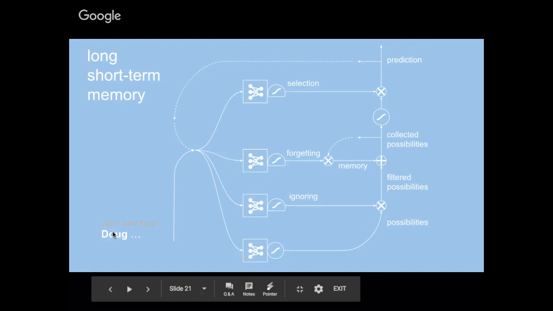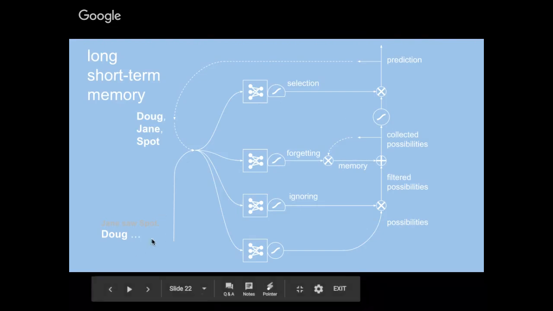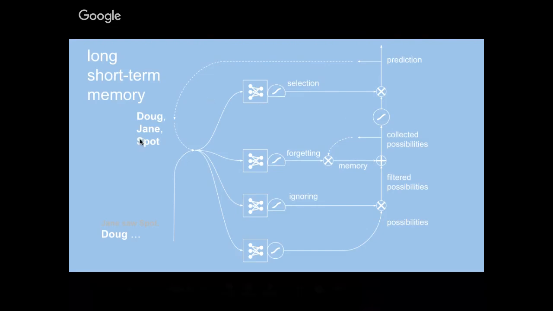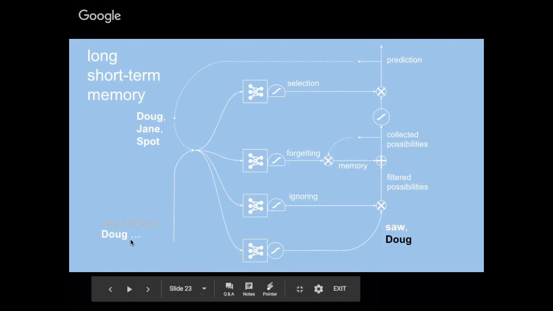If you have a sentence that says, okay, you can't see it, but it says Jane saw Spot. Doug saw. Okay, you need a new name here. So the name which is coming from the predictions is one of these three, and you want the output to be saw.